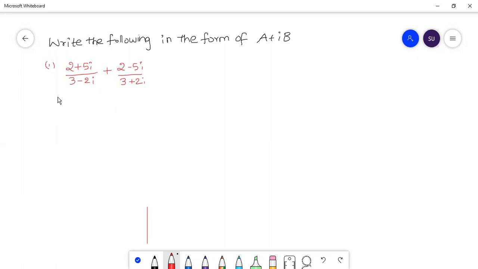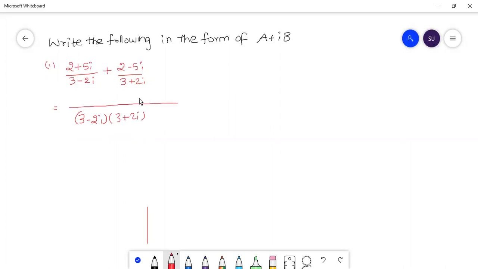For this we have to directly add like fractions only, that is, take the LCM, that is (3 minus 2i) into (3 plus 2i).